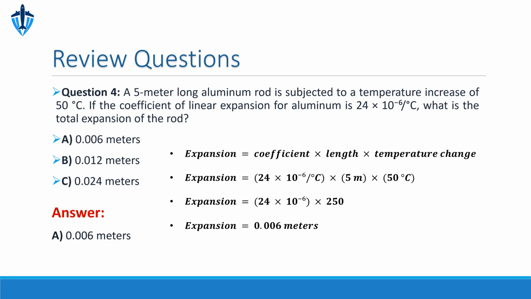Now, 24 times 10 to the minus 6 multiplied by 250 equals 0.006 meters. Therefore, the rod expands by 0.006 meters, which is 6 millimeters. This demonstrates why engineers must account for thermal expansion in aircraft design, as even small expansions can create significant forces if the components are constrained.